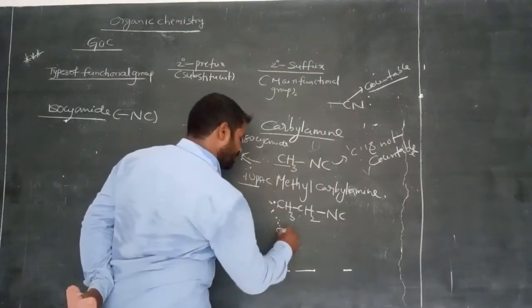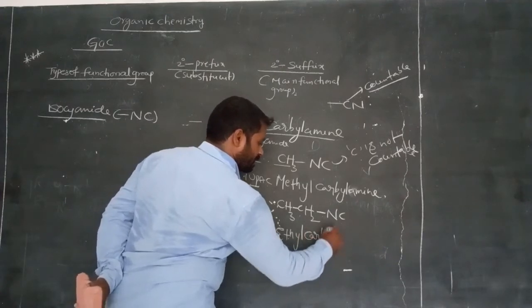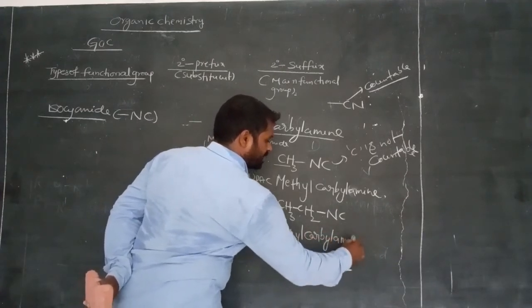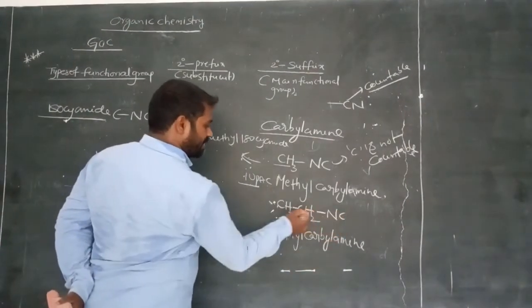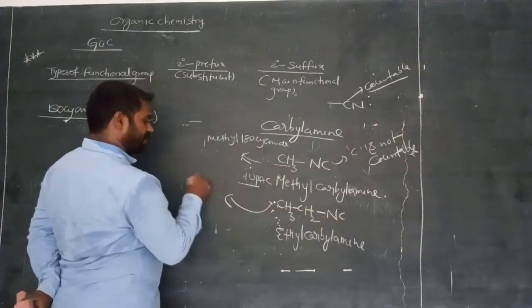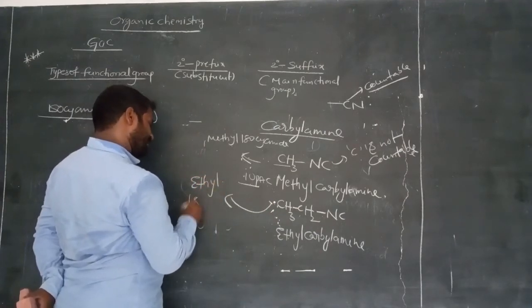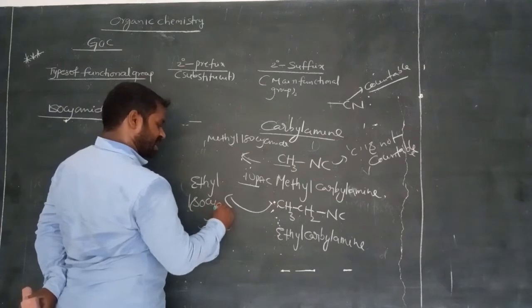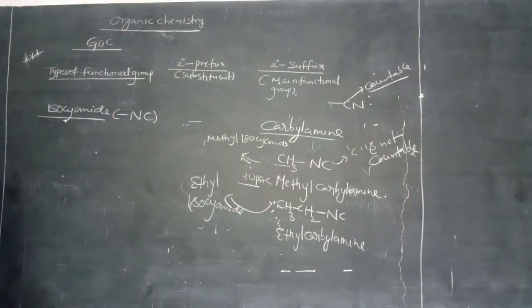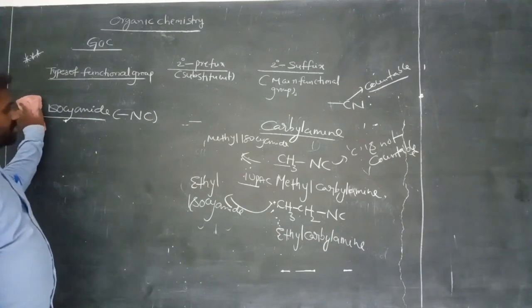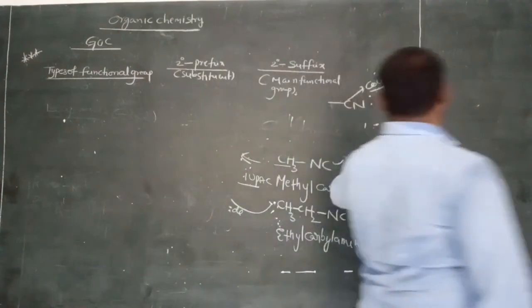And this one is ethyl carbylamine. Clear? So don't count this carbon. It consists of only 2 carbons. Its common name is ethyl isocyanide. Is it clear, students, up to here?